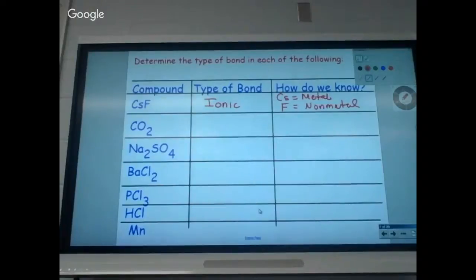You got one metal and two non-metals. Ion. Yes.